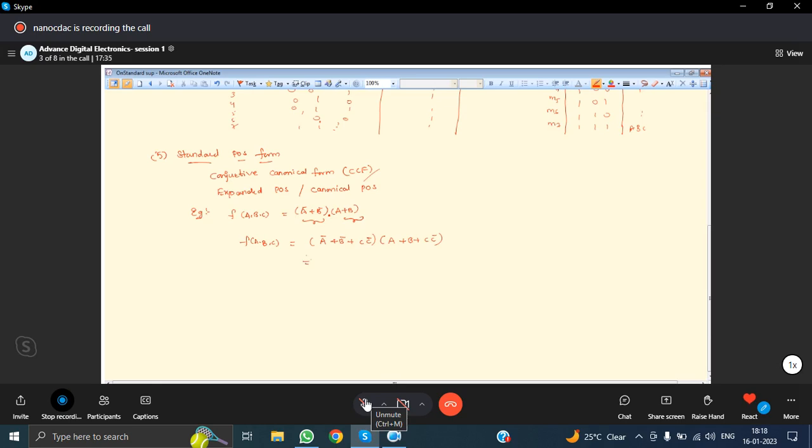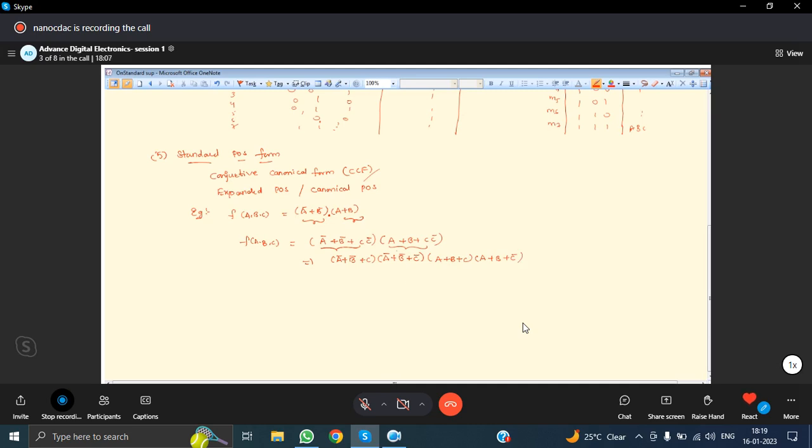By using the distributive law, I can write it as (A bar plus B bar plus C) into (A bar plus B bar plus C bar). Similarly, I apply the distributive law to the other term: (A plus B plus C)(A plus B plus C bar).